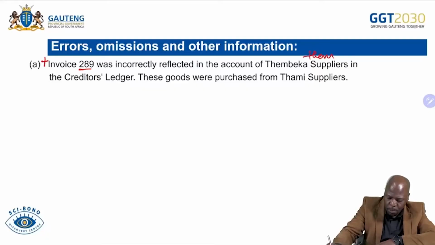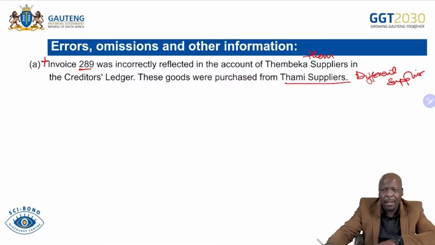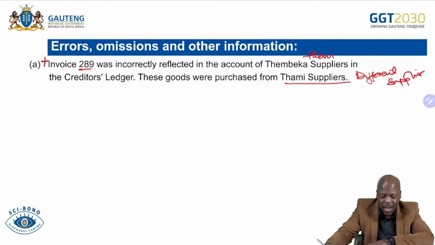These goods were purchased from Tami Suppliers. So Tami Suppliers is a different supplier. So these should not have been included in our Tembeka Suppliers creditors ledger. All right. And the error is it's an invoice.